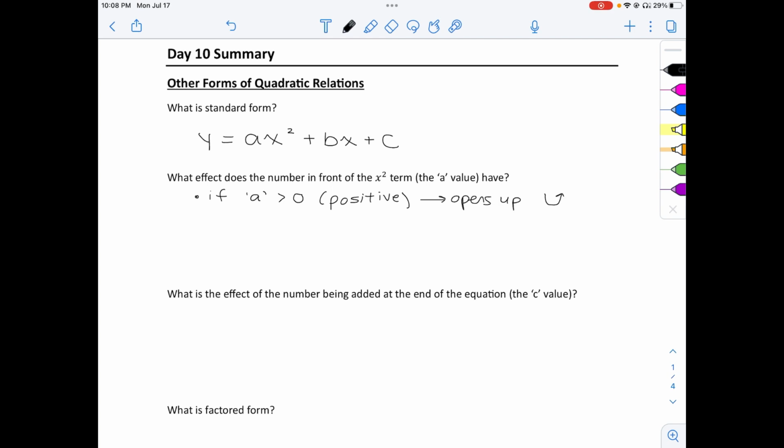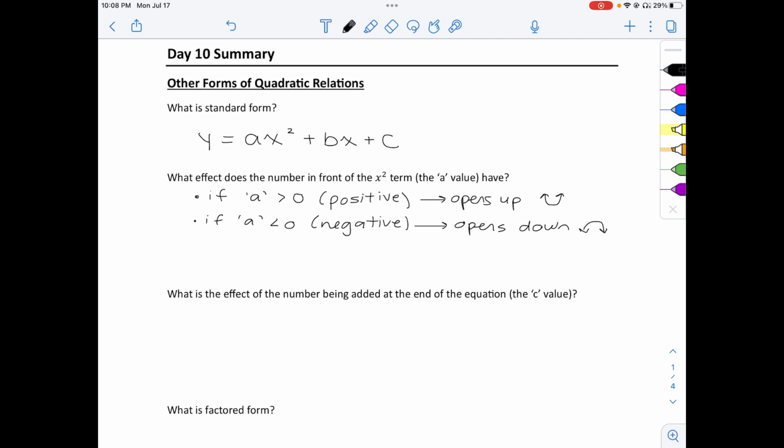Okay, so it'll look like this. And if a is less than 0, so negative, that's going to tell us that the curve will open down. Okay, so it'll look like this.